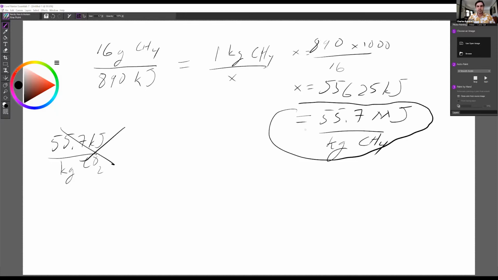Thank you for making me do this. And so this is not to be confused with the carbon intensity of natural gas, which is 52 kilograms of CO2 per mega BTU.